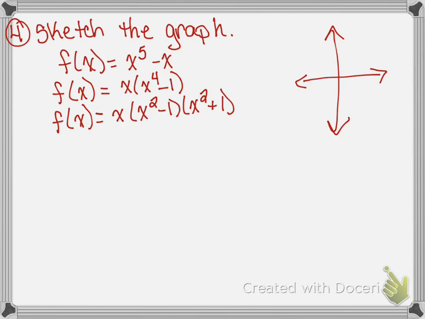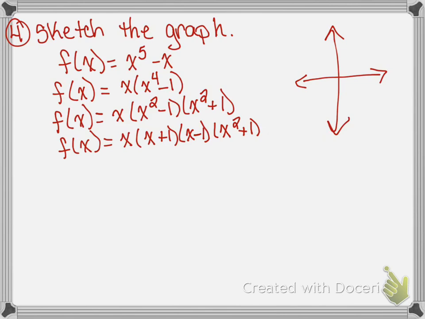Now I have a difference of perfect squares again. So I have f of x equals x times (x plus 1) and (x minus 1). Now my x squared plus 1, I can't do anything else with that. I'm going to have to set x squared plus 1 equal to 0 and then determine if I get a complex solution, which is in the realm of imaginary numbers, or if I get an irrational solution, which is also possible.